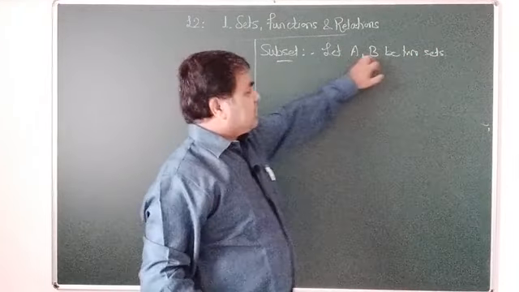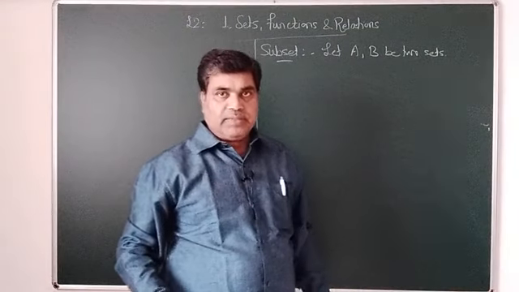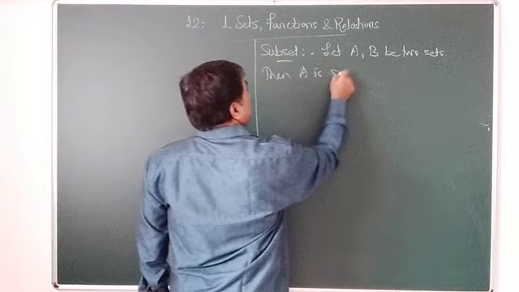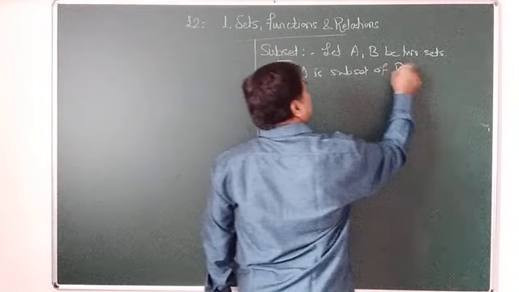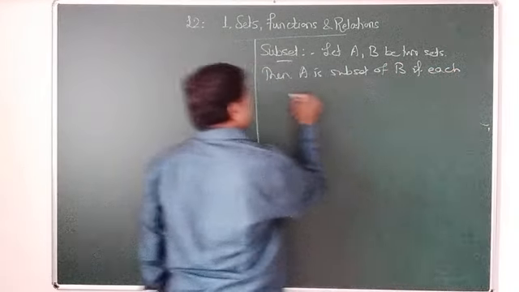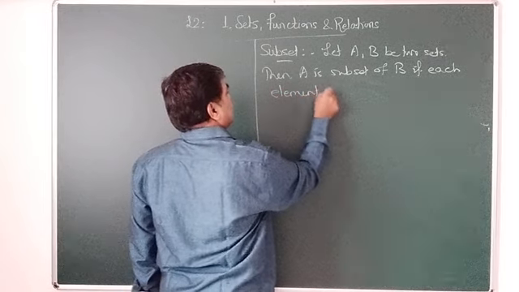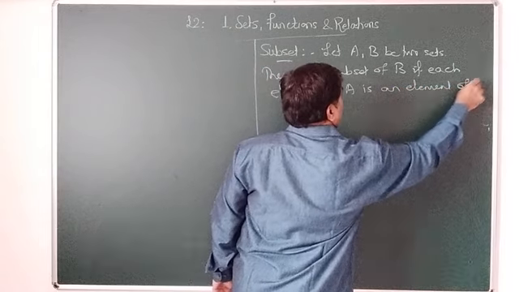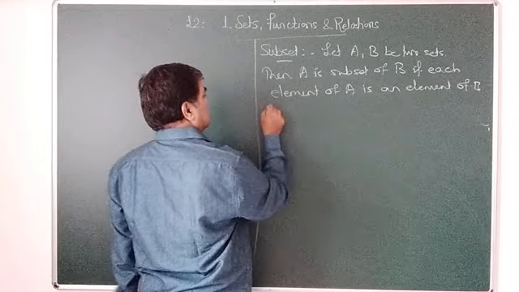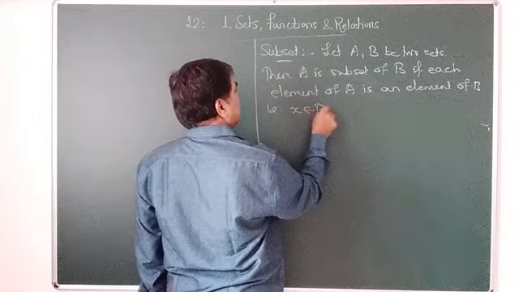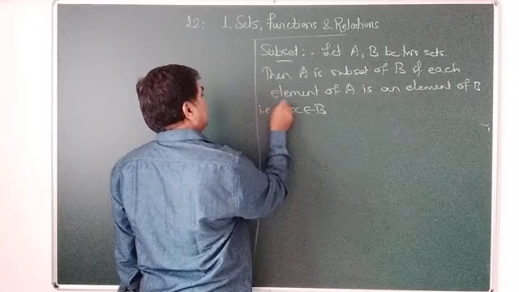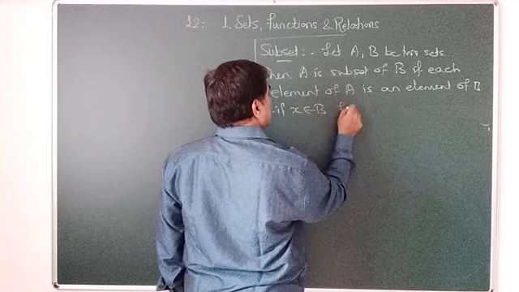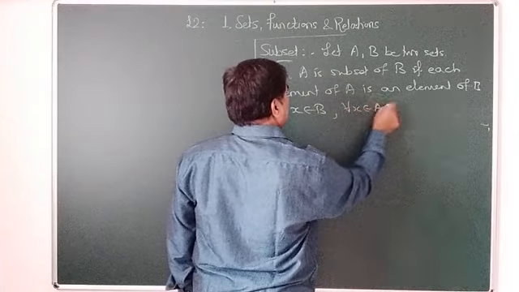If every element of A is an element of B, then we say that A is a subset of B. That is, A is a subset of B if each element of A is an element of B, that is, x belongs to B for all x belonging to A, symbolically.